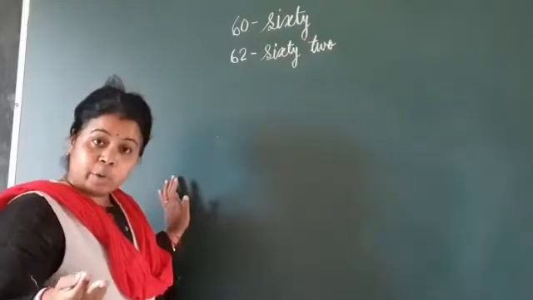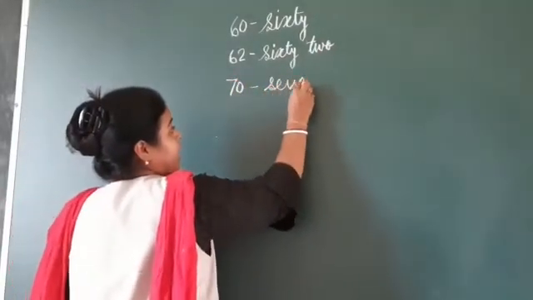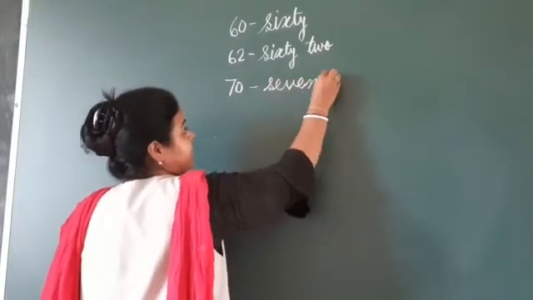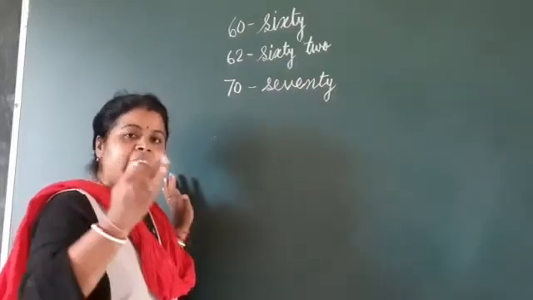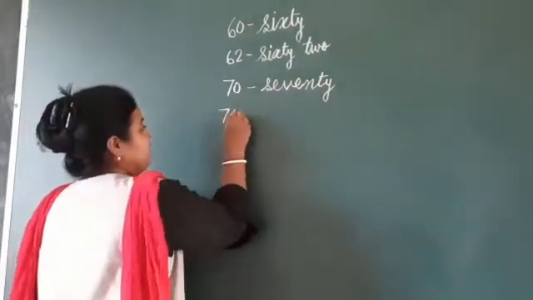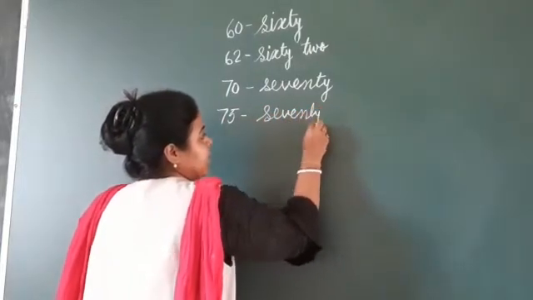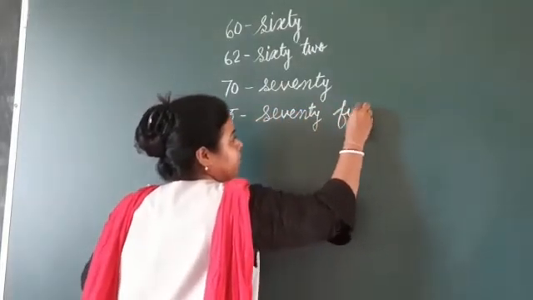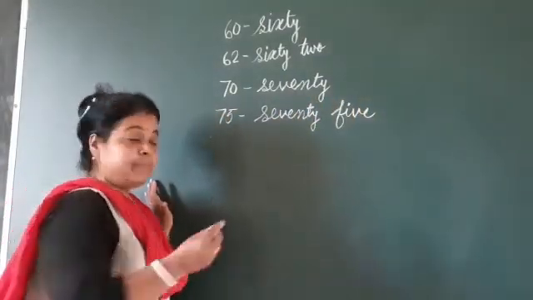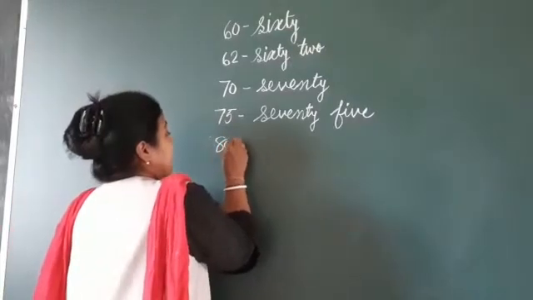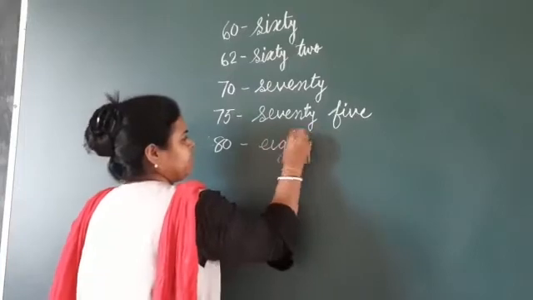Now 70. You know 70. SEVENTY 70. Okay. Now you want to write 75. 70 and 5. 75. SEVENTY 70. 5. FIVE 5. Next, you know the spellings of 80. EIGHTY 80.